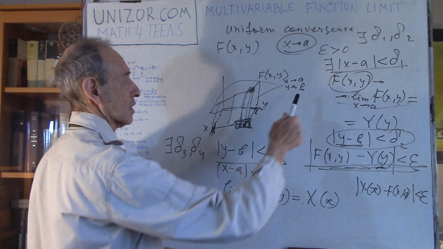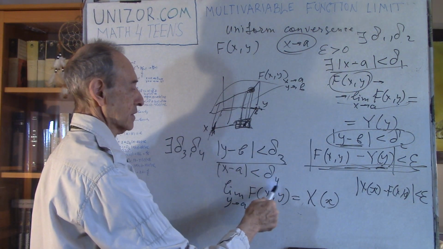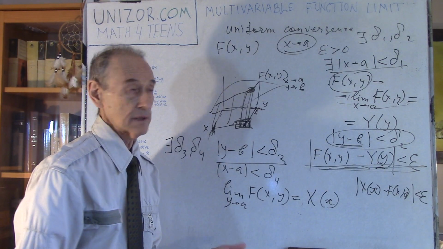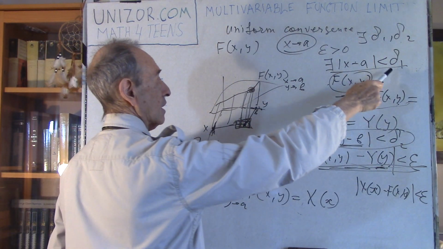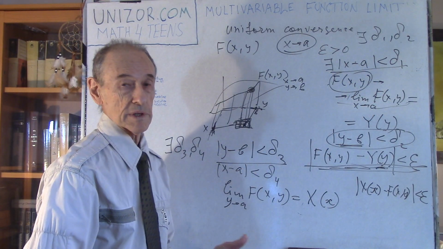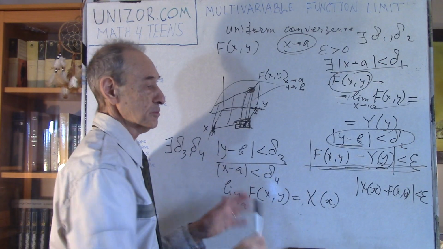Now, if we talk about delta 1, delta 2, delta 3, delta 4, obviously we can take the smallest delta. So for any epsilon, if there exist delta 1, 2, 3, and 4, we can take the smallest of them, and then everything will be satisfied.